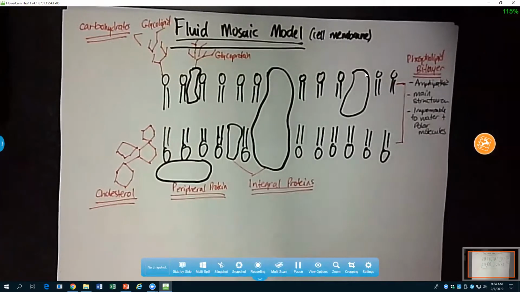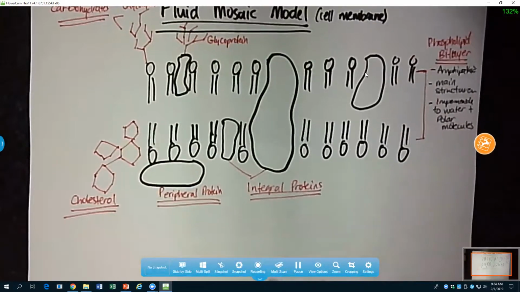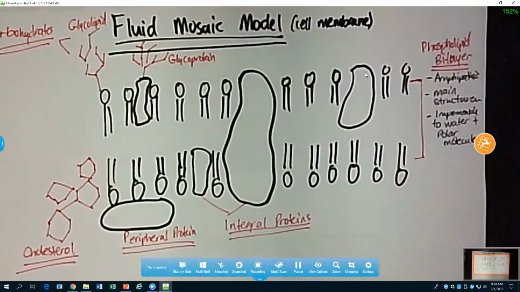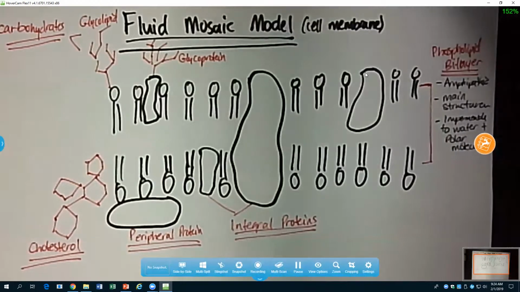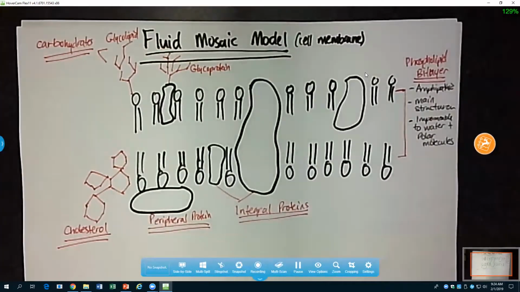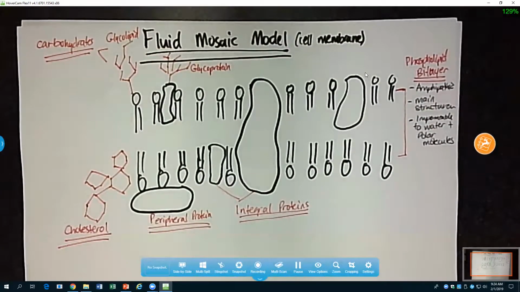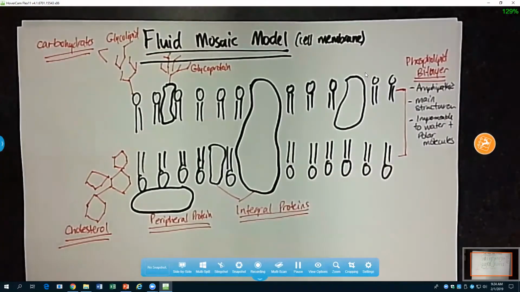I'll zoom this in a little bit here. Come on, we talked about this, Madeline. The outside is polar and the inside is non-polar. So water or polar molecules are not going to be able to traverse this membrane, right? Because of that non-polar or hydrophobic center of the lining of the membrane, okay?